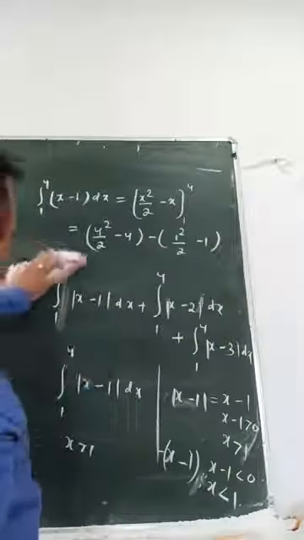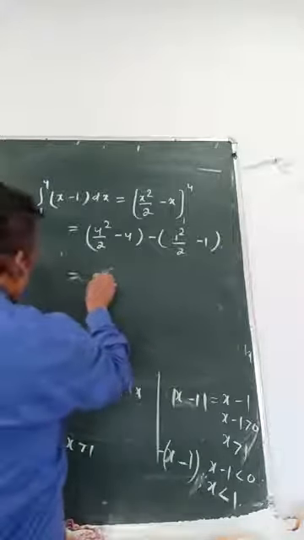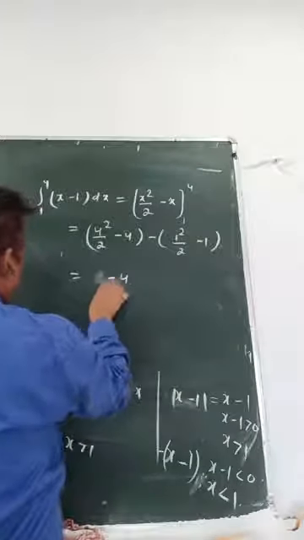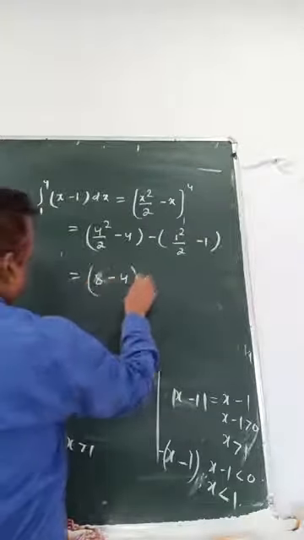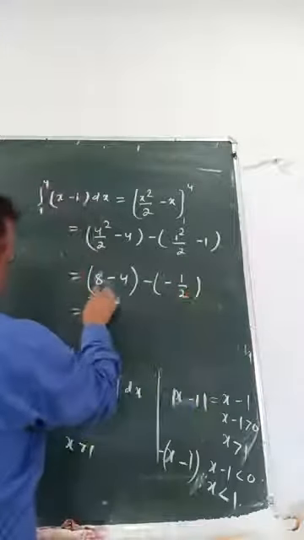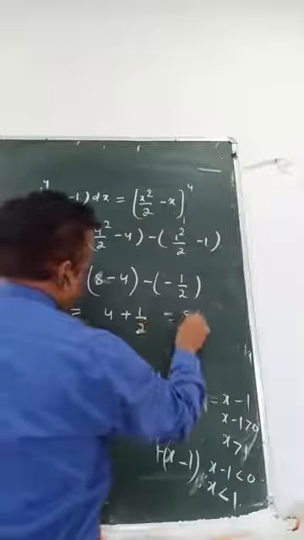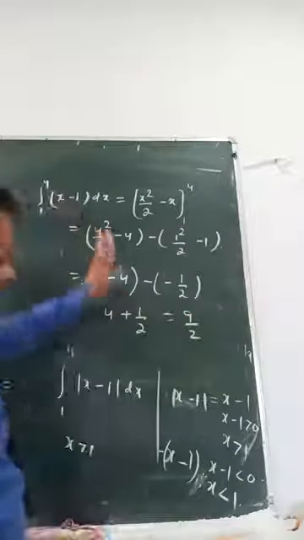So 4 square by 2 is how much? 16 by 2, 8 minus 4, minus half, that is 8 minus 4 is 4 plus half, which is 9 by 2. So the first part is done.